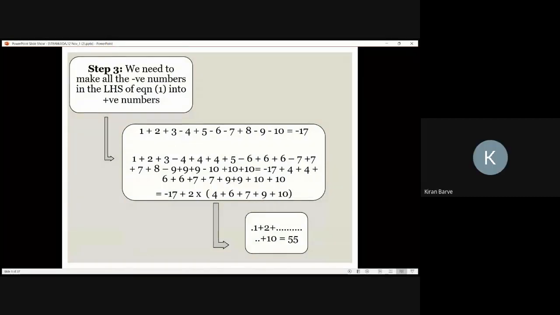So now, if I put everything positive, then 1 plus 2 plus 3 plus 4 till 10 gives me 55, isn't it? Yes, sir, it gives me 55. Now you have to reduce from 55, and you reduce all the time by an even number.